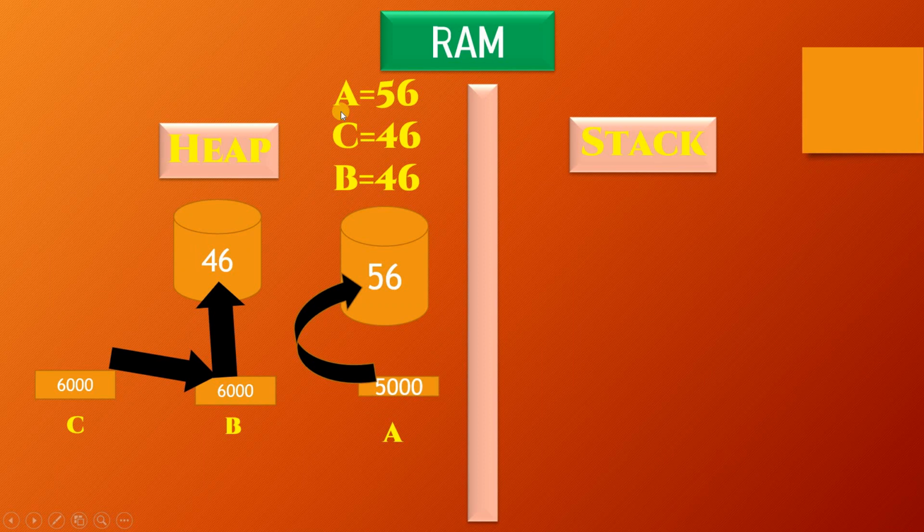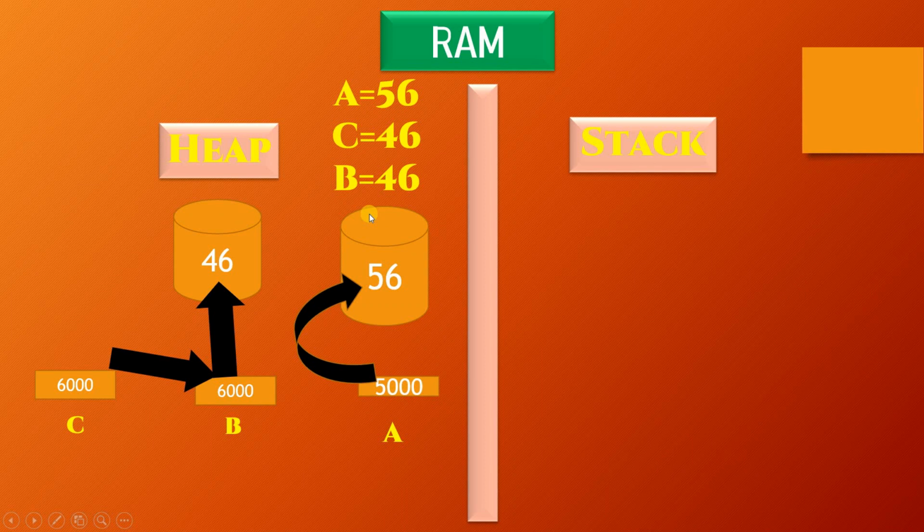Please listen to this carefully. When Python finds a different value like a is equal to 56, then it will generate a new block, a new object. You can see here one more.